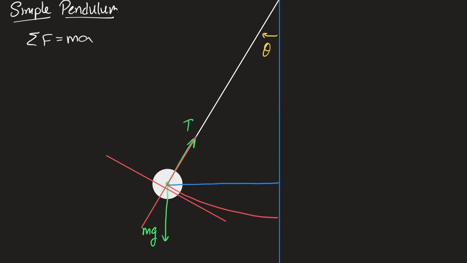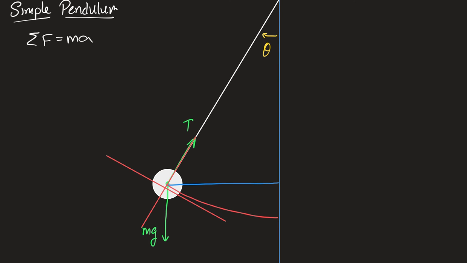The tension is greater than the weight in the y direction. For it to travel in a circle, there has to be a radial acceleration. The issue that you need to understand is the radial acceleration isn't returning it to equilibrium. It's the tangential acceleration. The acceleration in this direction is the one that's returning it to equilibrium.